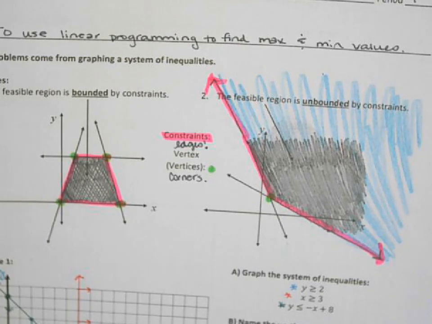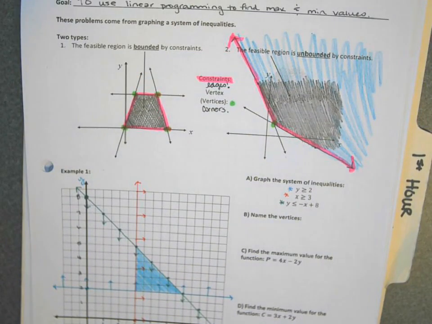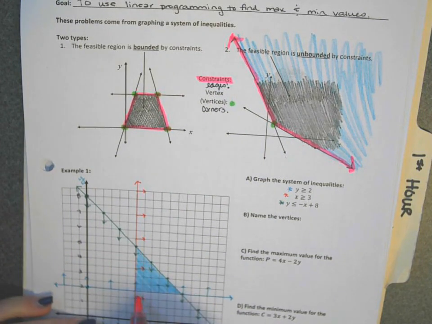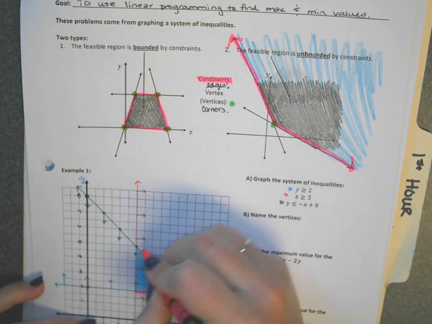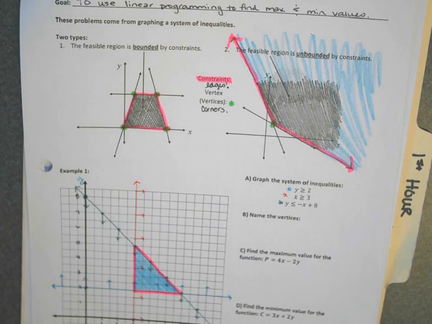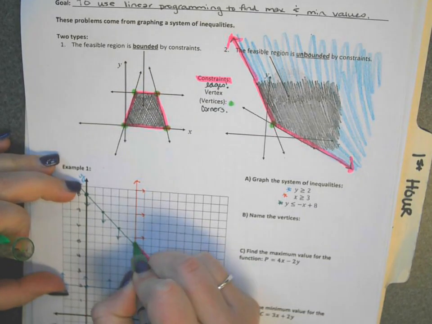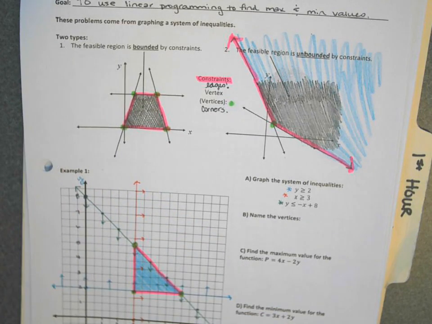Does that make sense? So looking back at our graph then, we have 3 constraints. And then we have 3 vertices. 1, 2, 3, because it forms this triangle.